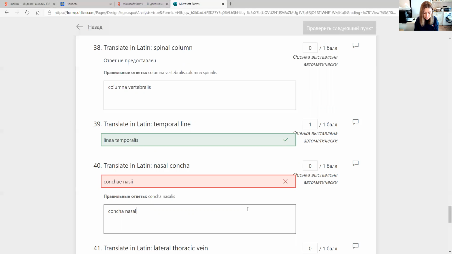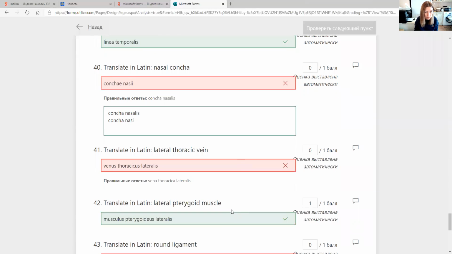Nasalis is an adjective of second group. Nasalis masculine, nasalis feminine, nasale neuter. Another variant of translation, concha nasi. You can use genitive case and it means concha of nose. Nasal concha and concha of nose are the same. So as you wish, two variants here are possible.